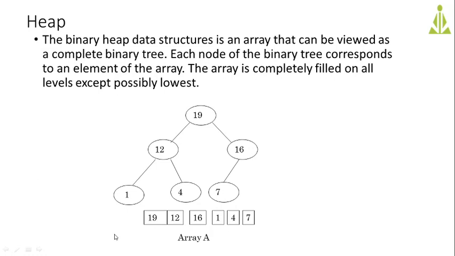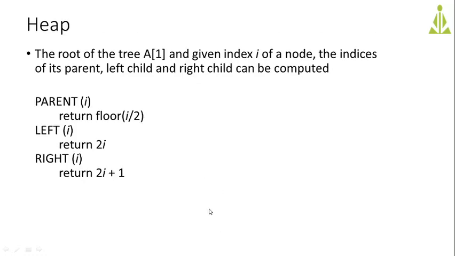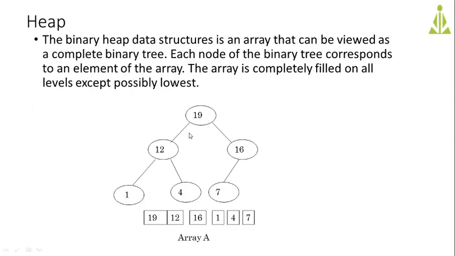You can make a simple tree from it, writing the numbers in the order they come. The root of the tree is A[1]. As you know, in a graph the first one is the root node.